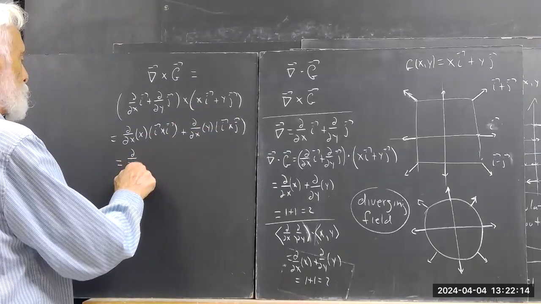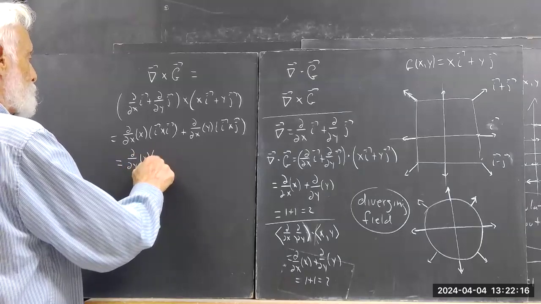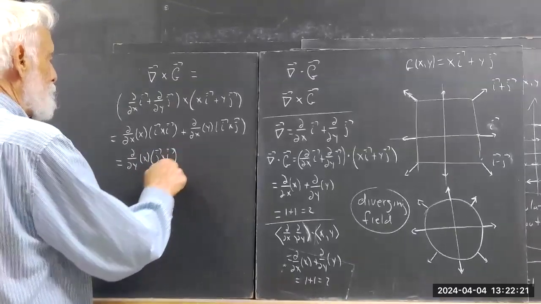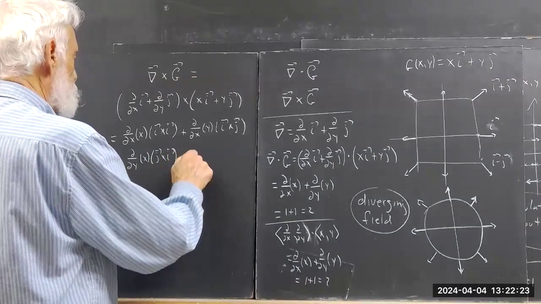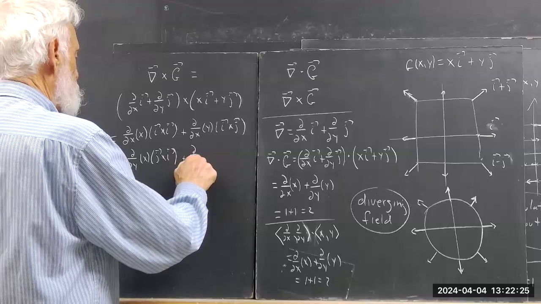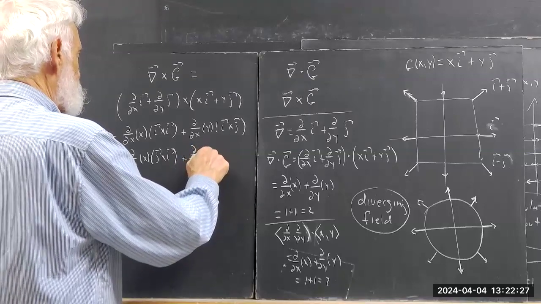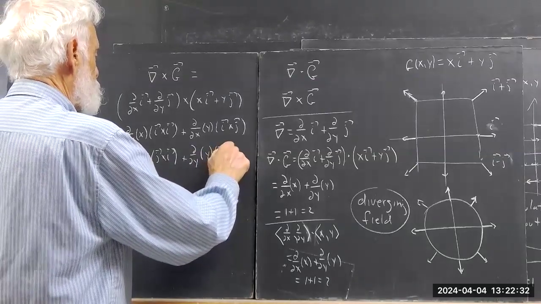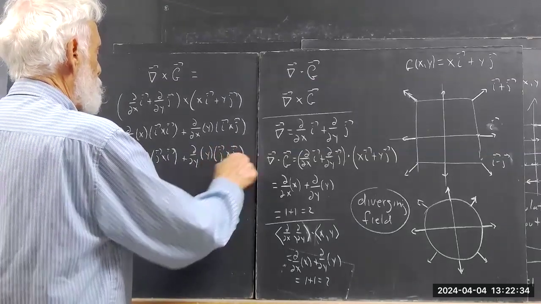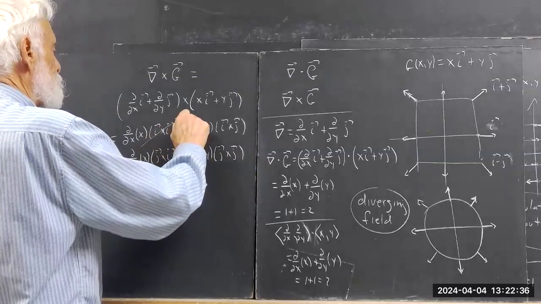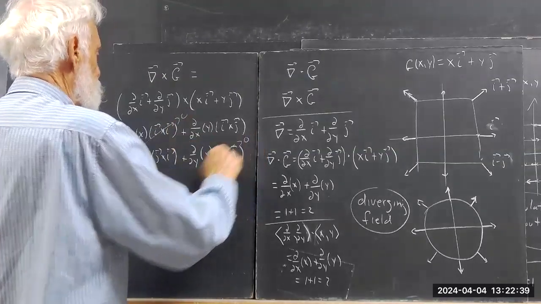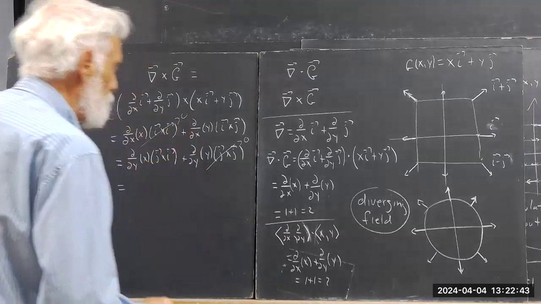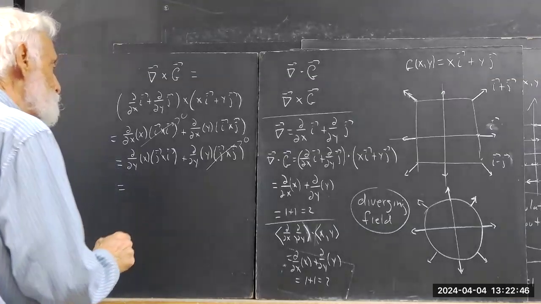Then partial with respect to y of x times j cross i, plus partial with respect to y of y times j cross j. Well, i cross i is 0, j cross j is 0, and the partial with respect to x of y is 0.